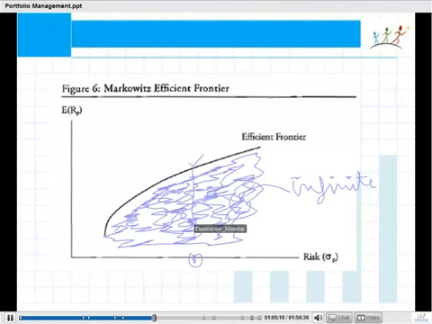So I will never invest in any of the purple portfolios. I will only invest in one of the black portfolios. But the question asked is, which black portfolio will you invest in? All these black portfolios are efficient. Efficient means there is no other portfolio which gives a higher return for the same risk.